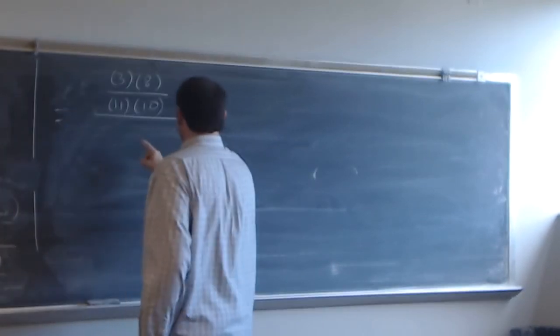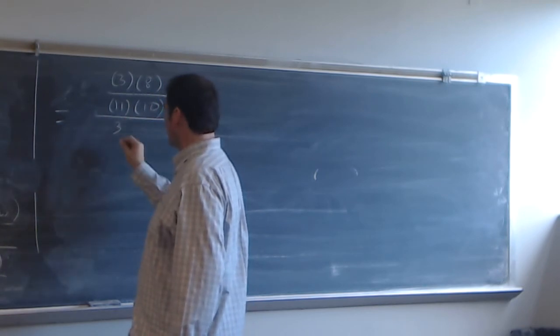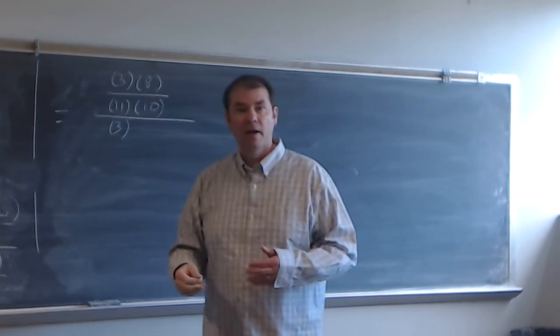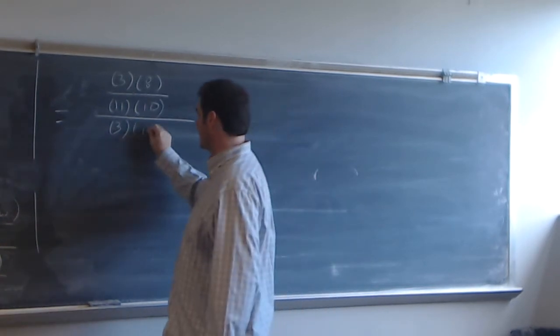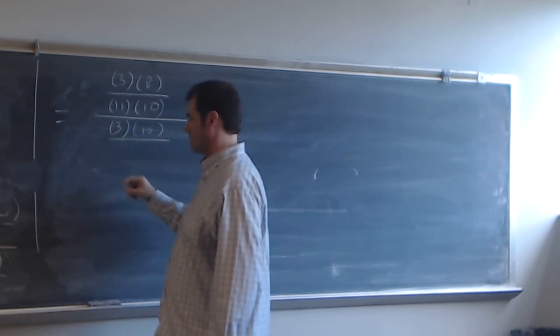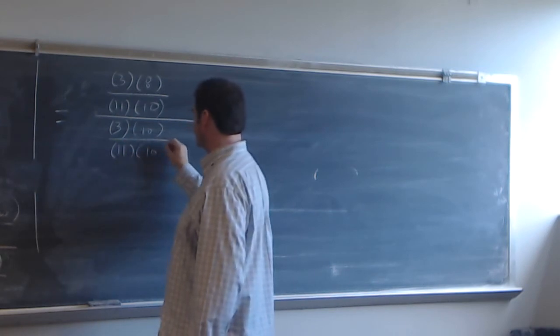Now, the bottom was if the first ball is red. So there are 3 ways that the first ball is red, but now we need to select a second ball, and it doesn't matter what it is. So there's 10 outcomes for each one of the possible red balls that could have been chosen. And the number in the sample space is 11 times 10.